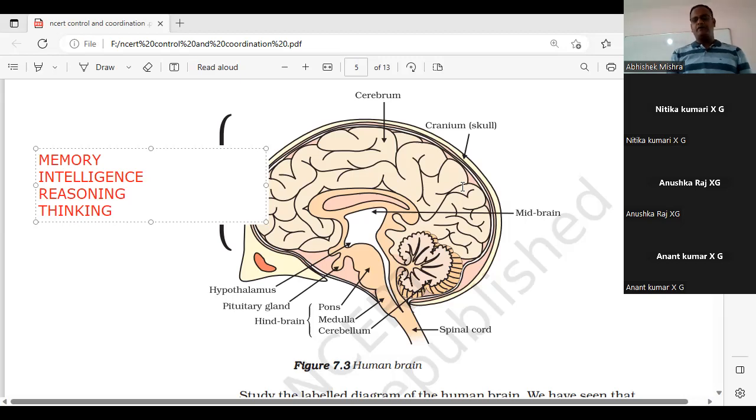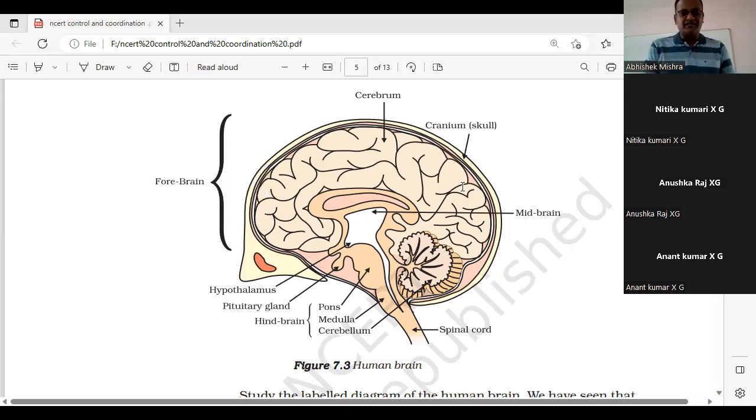So now, student, at least twice you will practice the diagram of the human brain. Today's worksheet is for that. And when the school reopens, definitely you will submit the diagram of the human brain to me. Now, students, you have studied the functions.